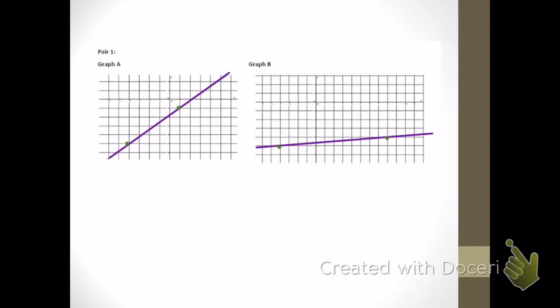Okay, so for pair 1, hopefully you saw that graph A is much steeper than graph B. And the directions to get from one point to the next on graph A would be 4 units up, and then for every 4 units I move up, I'm going to move over 5 units right.